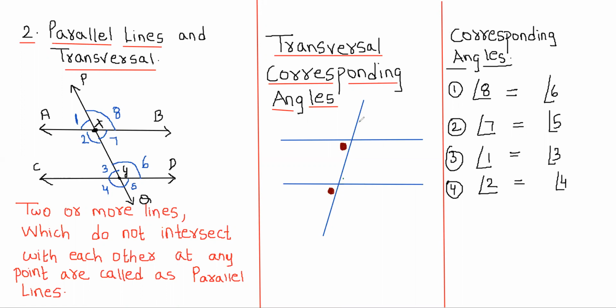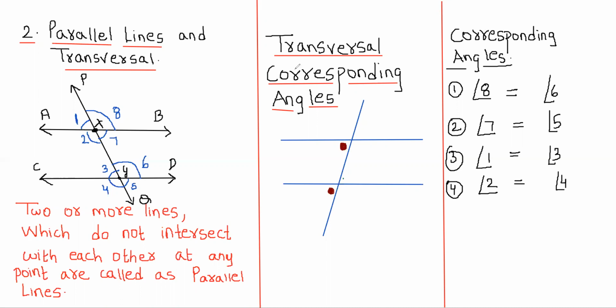Make yourself two parallel lines, name them with any alphabet, make one transversal, name it, give the points of intersection names, and write the names of the angles. Here we have written numbers to make it easy for understanding, but in the sum we will not write numbers, we will write the names of the angles.